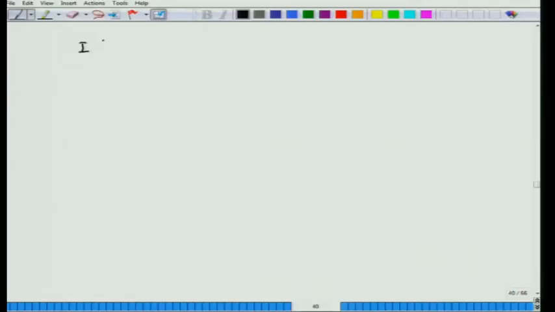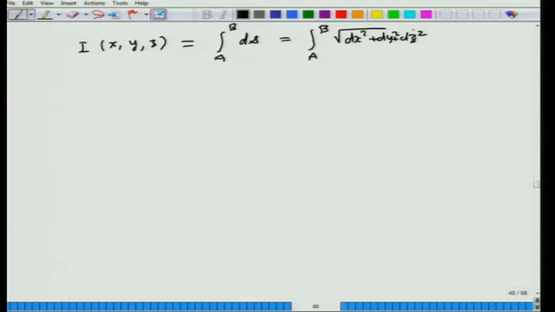You will have this functional I of x, y, z, joining 2 points, let us say A and B, and then the arc length on this surface is given by ds, and this will be the integral from a to b of square root of dx square plus dy square plus dz square.